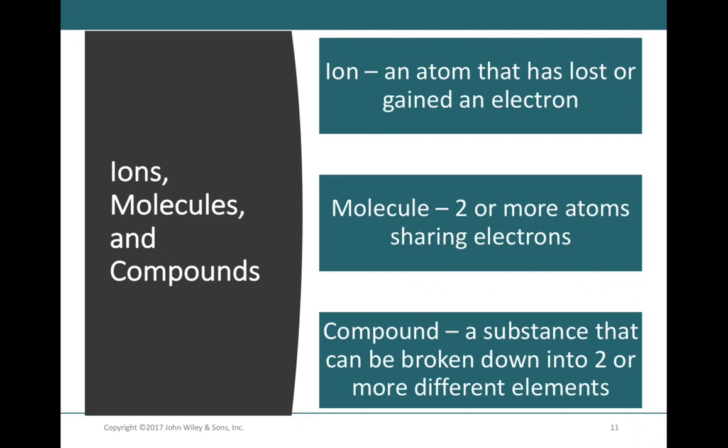Table salt is a compound because it is a molecule that is made up of two different types of elements. So a molecule is two atoms, and it doesn't matter what elements those atoms belong to, just two atoms that have come together to form some type of bond. Compounds refer to molecules that are made up of different types of elements. So, for example, a hydrogen and an oxygen can come together, and that would be a compound.